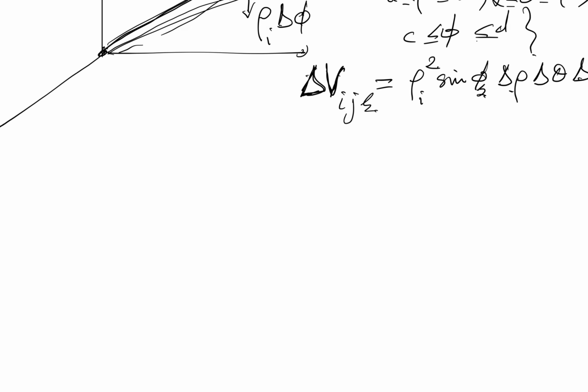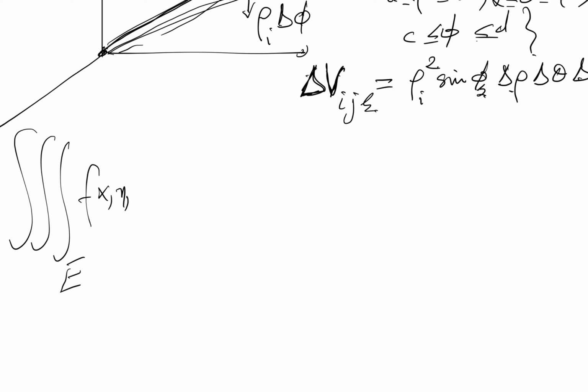Now, to approximate the volume, you already know I don't have to do that. But the volume of the solid is equal to the triple integration in the region E of f(x, y, z) dV.